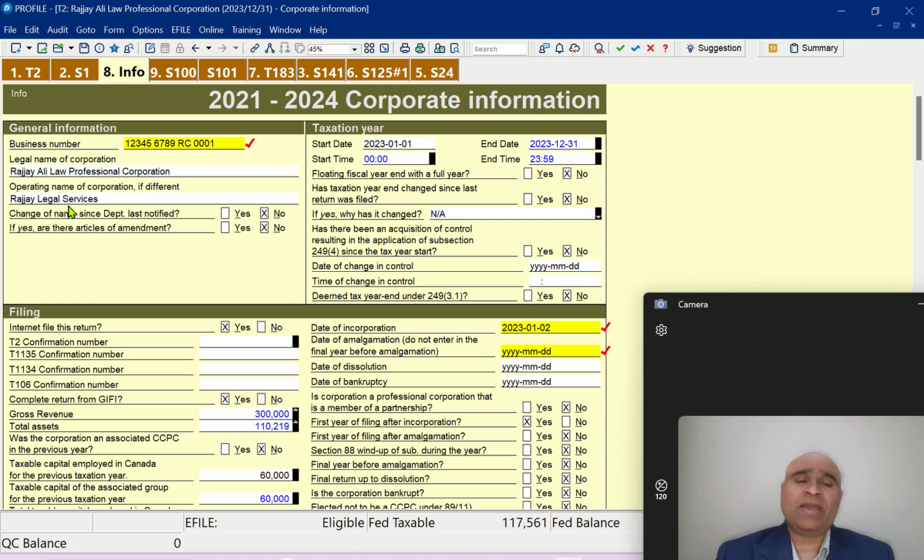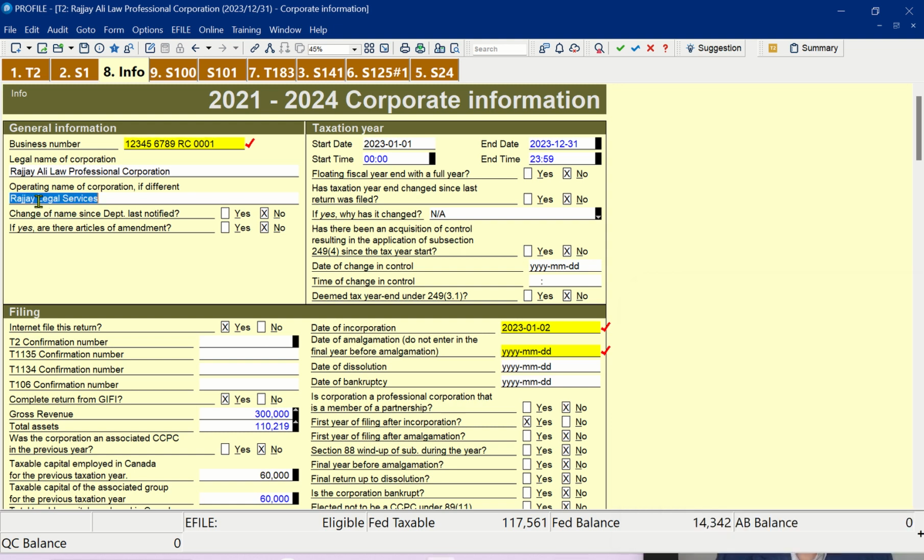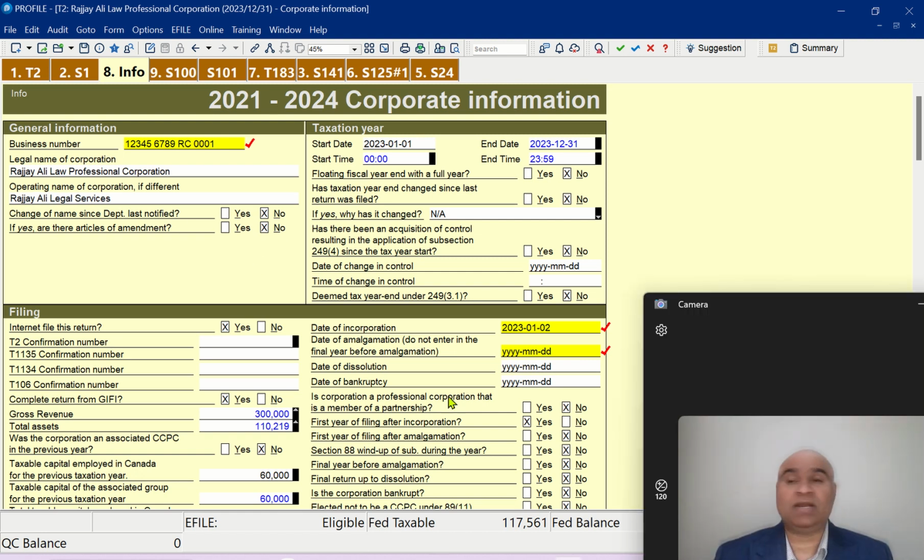While they're running their business under the proprietorship, they register their business under a trade name. So in this case, Mr. Raj Ali had his Raj Ali Legal Services. You can see that.